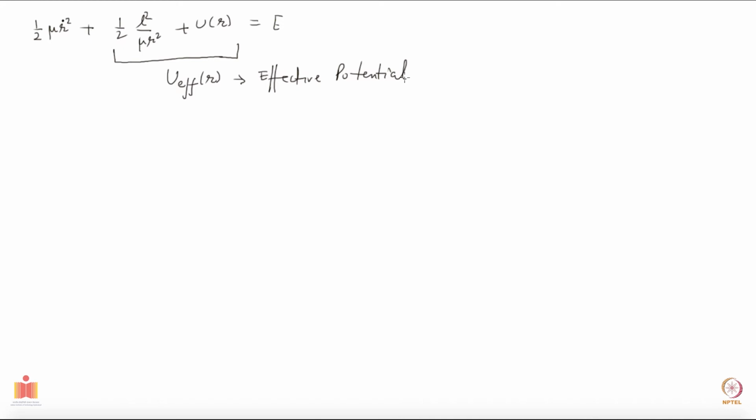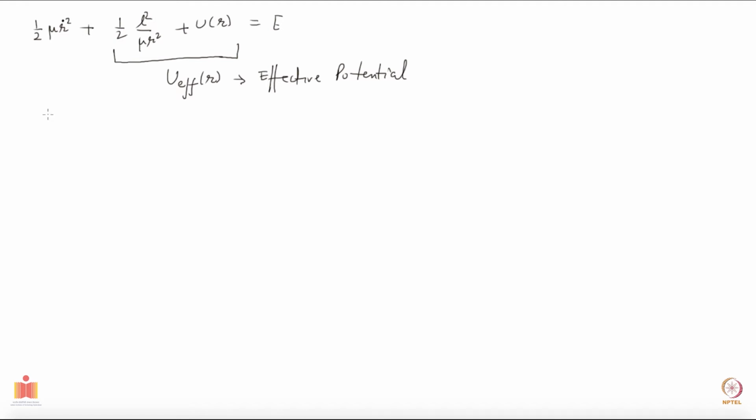You understand why I call it U effective, because effectively the potential now is the sum of these two and not just U, if you look at it from the point of view of the coordinate r. That's why I give it a name, U effective. Good, so we know what we should do to analyze this problem.